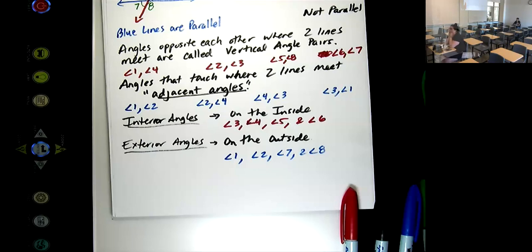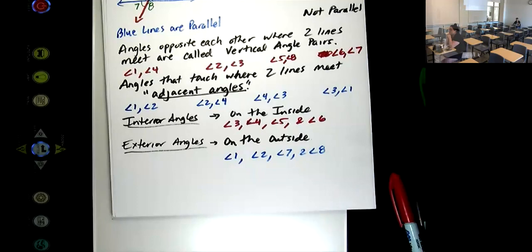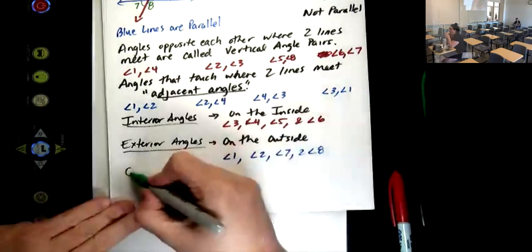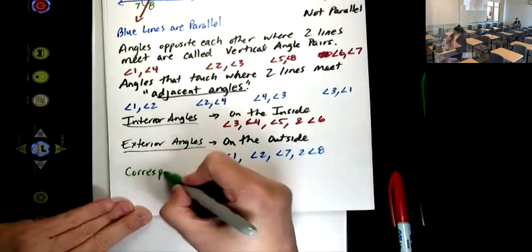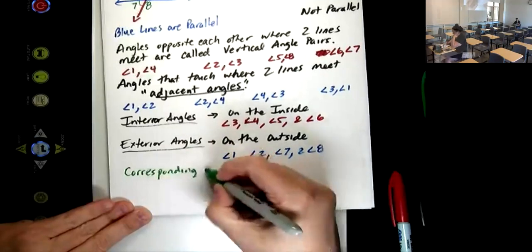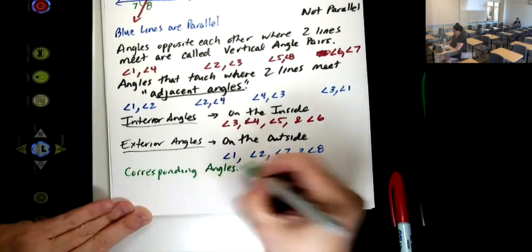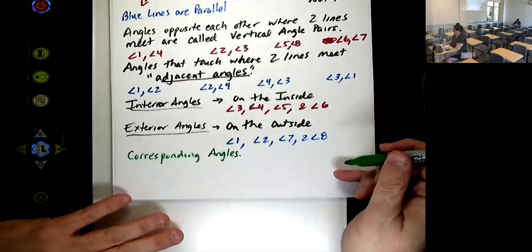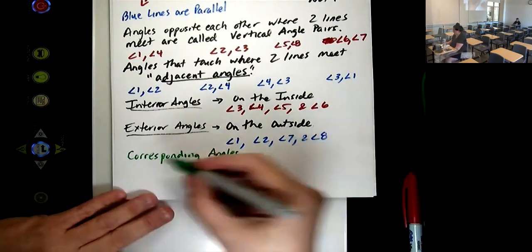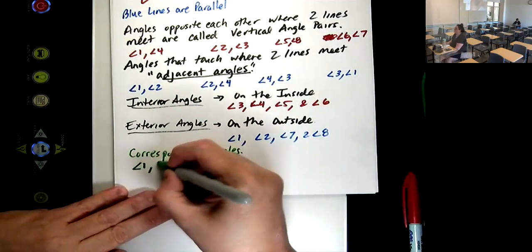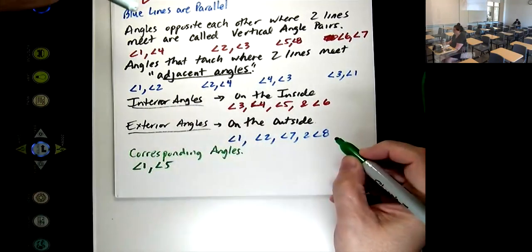I don't know how to put this in words, so I'm just going to show them. I'm sure the book has a verbal definition. They're called corresponding angles. Angle 1 and angle 5 are corresponding angles. They are on the top left, one of the top left angles for where the transversal line crosses.